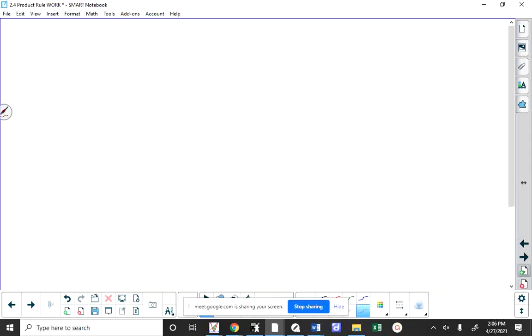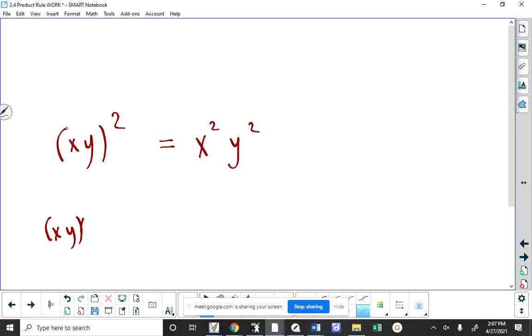If I ask you to take a product of two things and square it, are you allowed to square each part? Well, yes, you are. There's a reason for that in this particular case. The reason is that xy quantity squared means xy times xy, which means x times y times x times y.